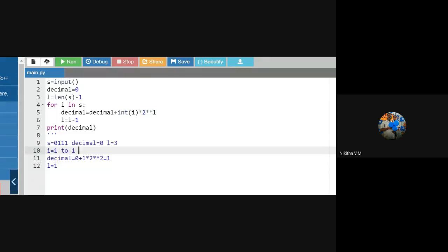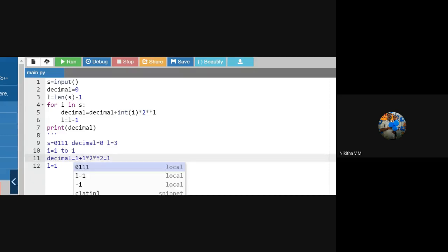Okay. So decimal is equal to 1 plus int of I, which is 1, into 2 to the power of 1. 2 to the power of 1 is 1 only. Just a second, we are doing something wrong.